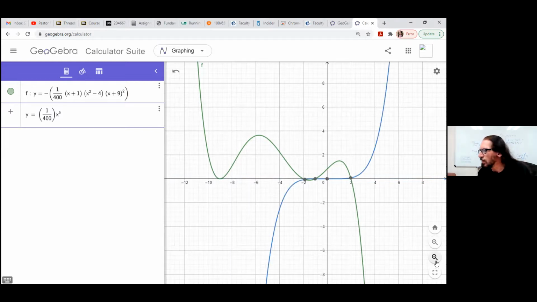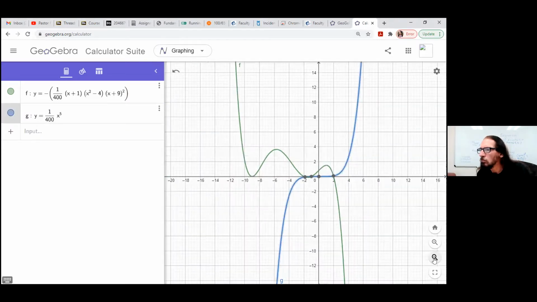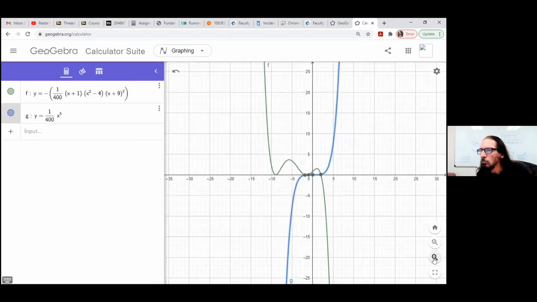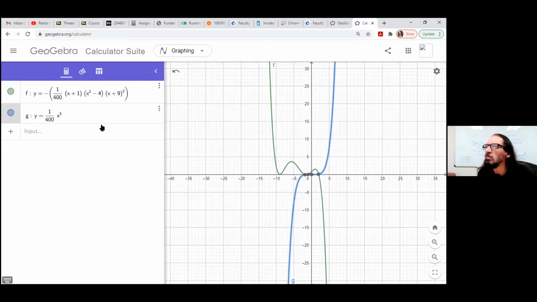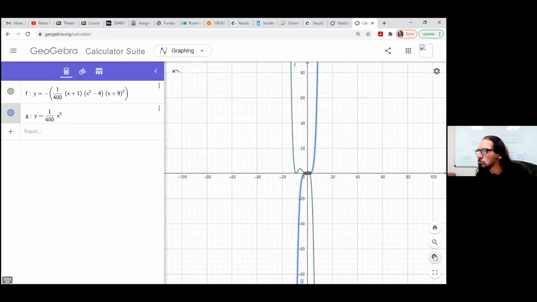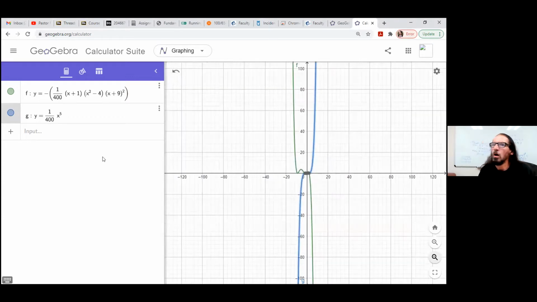If I zoom that out, x squared. Oh, I had a negative in front. So it would act most like -1/400th of x to the 5th.